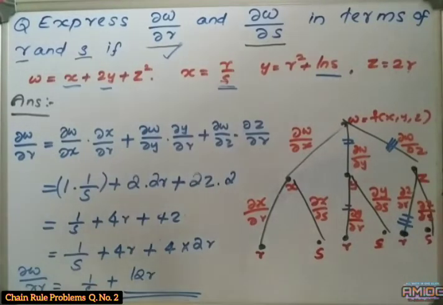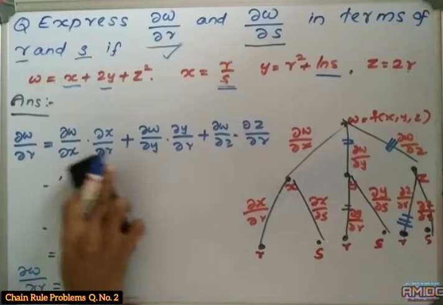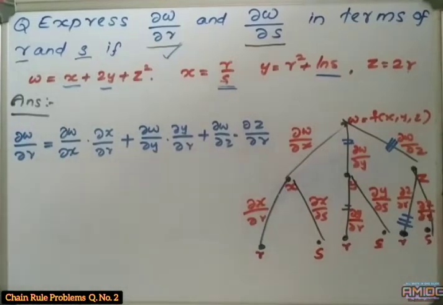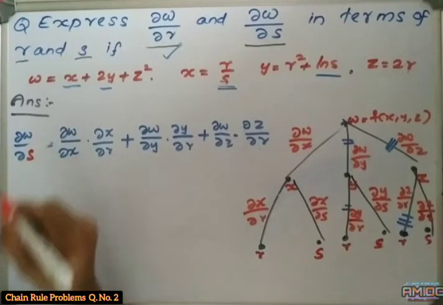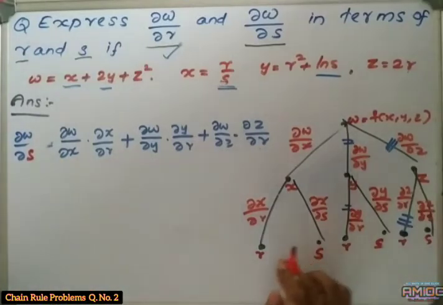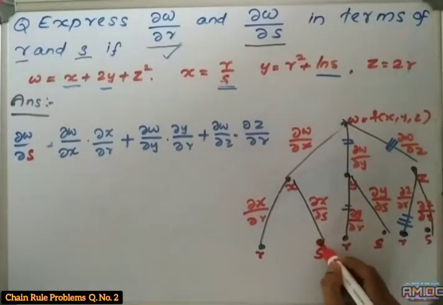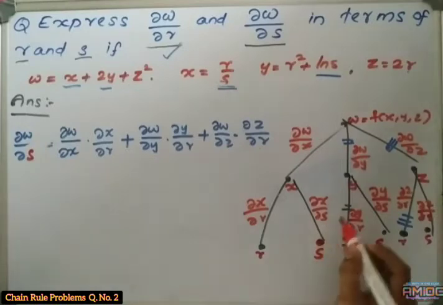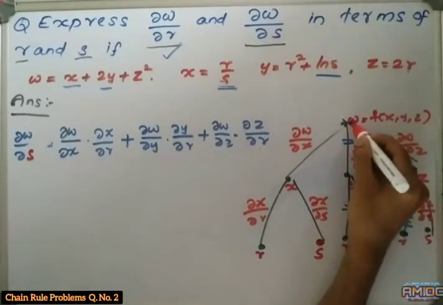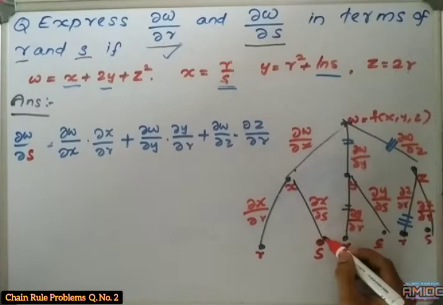Now we move on to dou w by dou s. We have to find dou w by dou s. Dou w by dou s is equal to, this point from w can be reached by composition of these two parts.